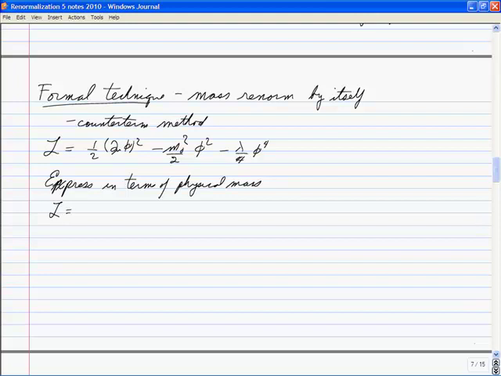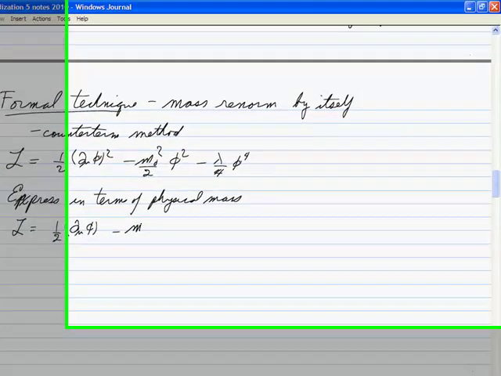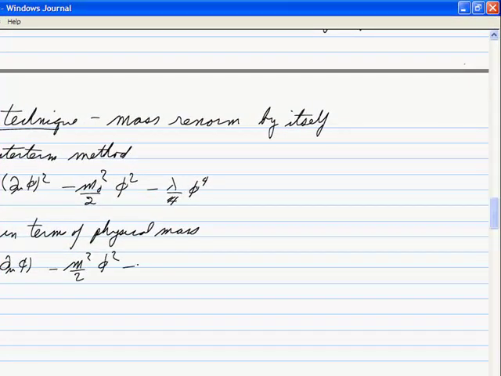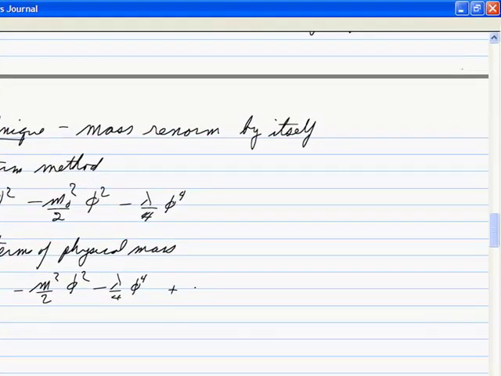It's whatever I've measured in the lab. Minus m squared over 2 phi squared minus lambda over 4 phi to the fourth. But then I've changed it, so there's the extra piece here. Let's write it as plus delta m squared over 2 phi squared, where that's m squared minus m0 squared. That's the shift.